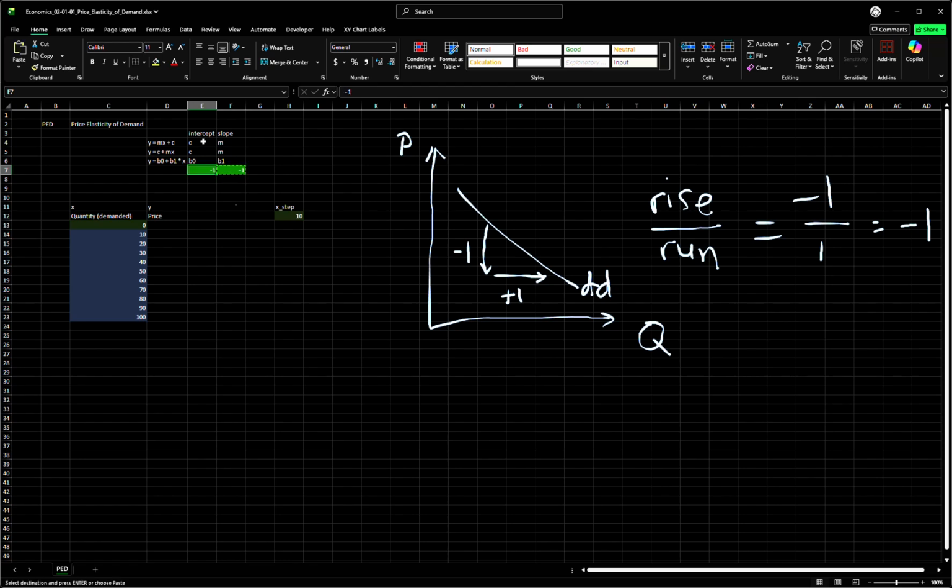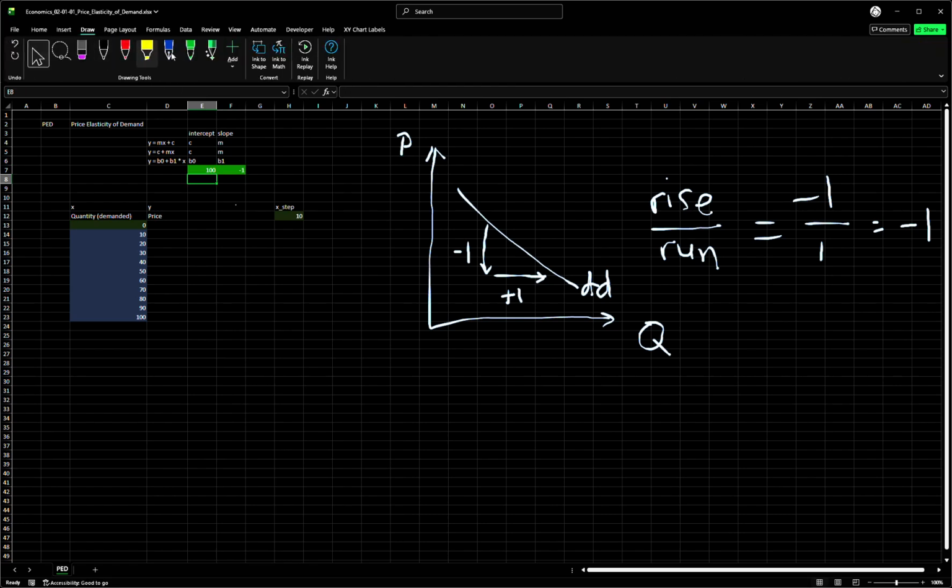Okay, so let's see. The y equals to b1, and I lock that cell because I'm going to drag it down later, times x. So x is blue color because it's a formula. You double click, drag down. Okay, so now we have x and y. We have quantity demanded and price.